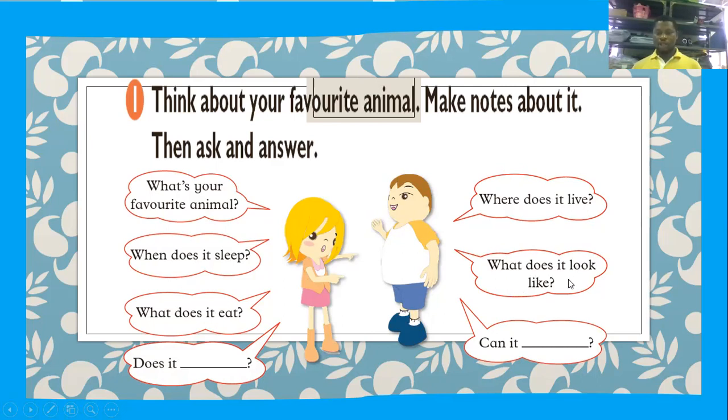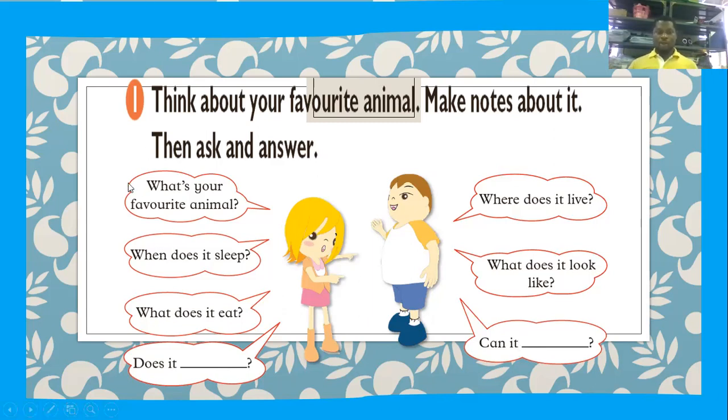What does it look like? Does it eat fish? Can it swim? So think about your favorite animal and ask questions about it on a piece of paper below the animal that you would draw. So use your favorite animal.